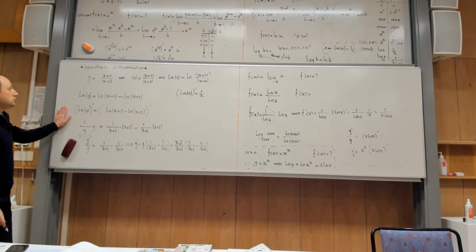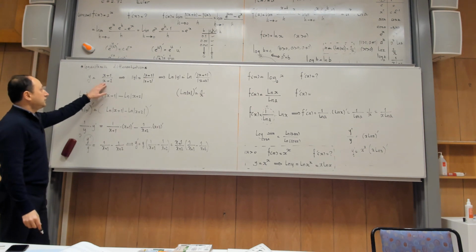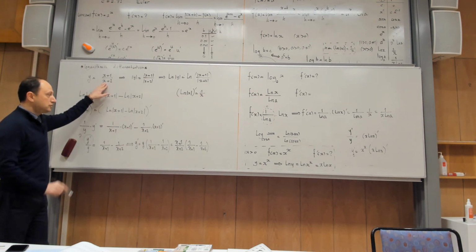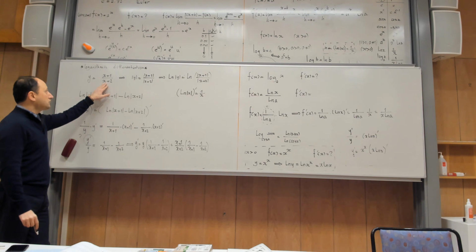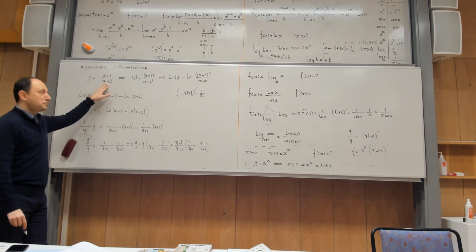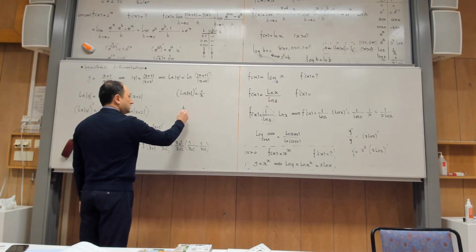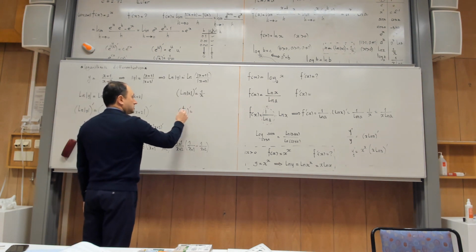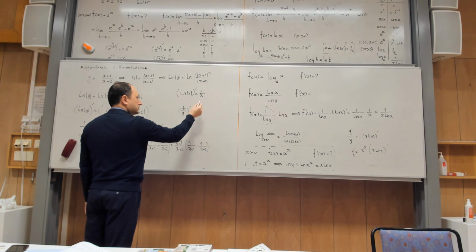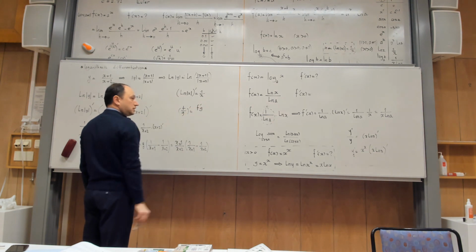So this trick is good, especially if you have a very complicated function, because in the future we will learn that the quotient rule is really a bad rule because it's complicated. If you have f over g and you want to differentiate this, you need to differentiate f once and multiply it by the same g.